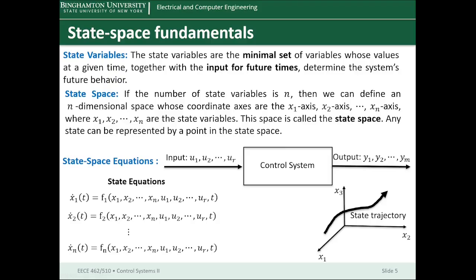For example, x1 dot is equal to f1, and f1 is a function of x1 to xn, u1 to ur, and t. Sometimes our state equations are a function of t. The presentation of this evolution in state space is a state trajectory.